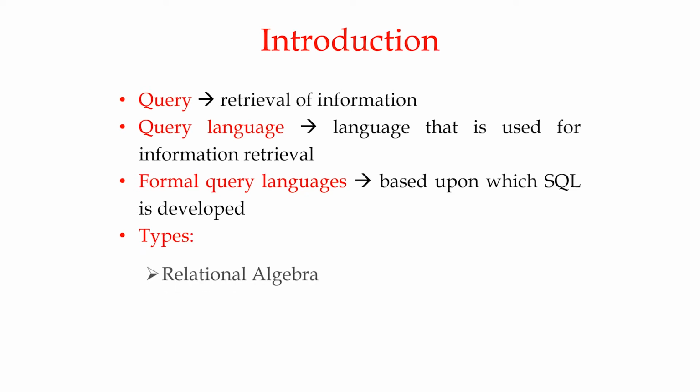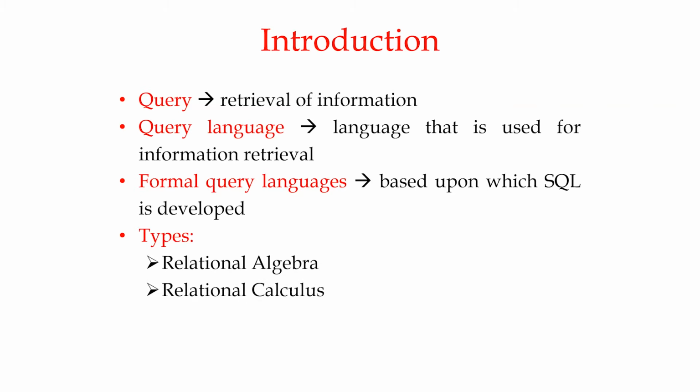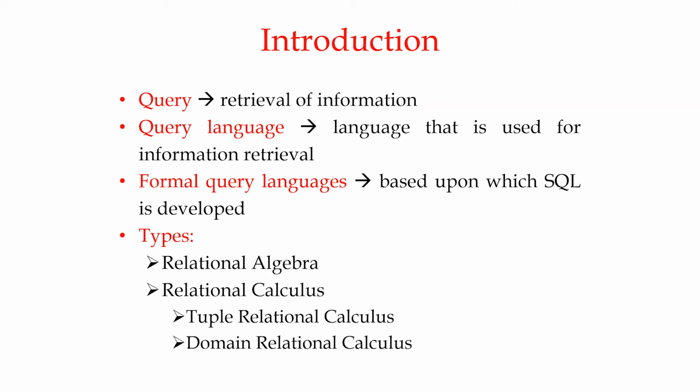There are two types. One is relational algebra, the other is relational calculus, and relational calculus is further classified into tuple relational calculus and domain relational calculus. Relational algebra is a procedural language, whereas relational calculus is a non-procedural language.